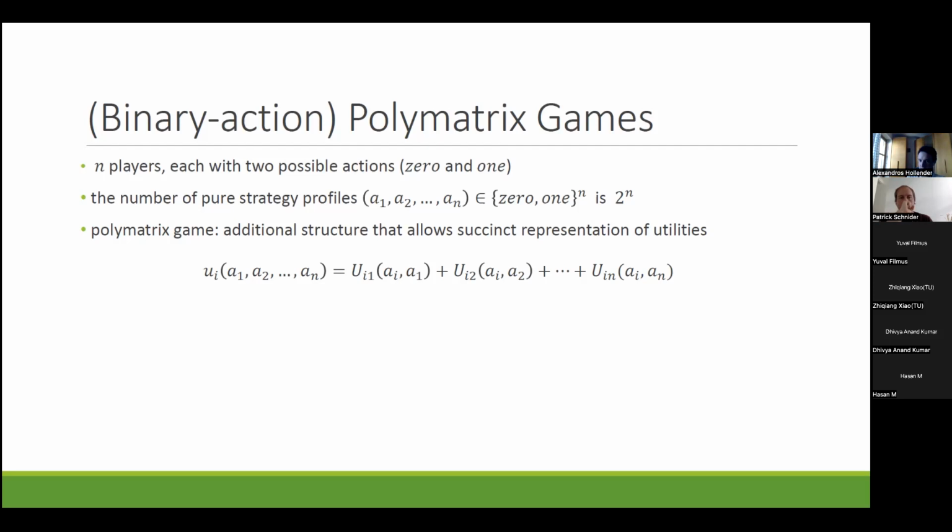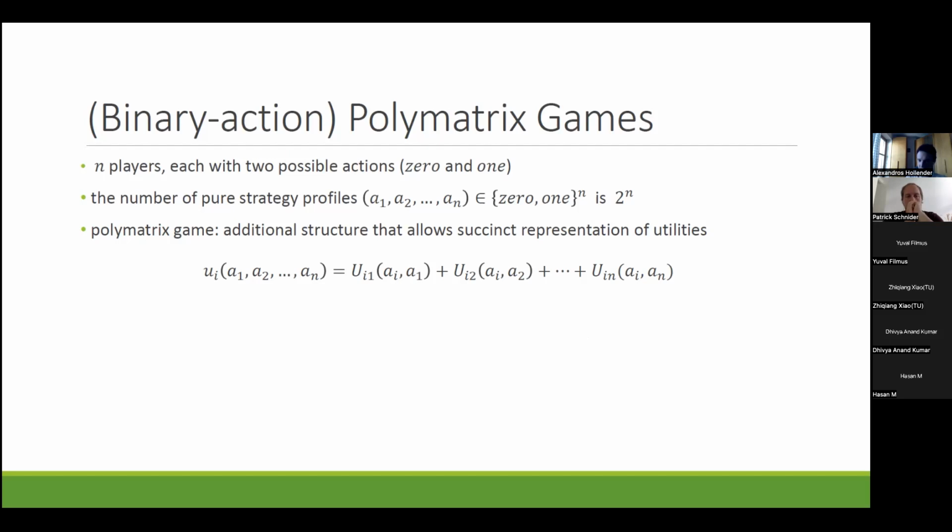Okay, so in other words, the utility that a player gets from the game is the sum of the utilities that the player gets from some small games that the player plays with each other individual player. So instead of the payoff depending in some combinatorial way on exactly what everyone else plays, it can be decomposed additively so that the payoff that they get is just the sum of the individual payoffs with each player.